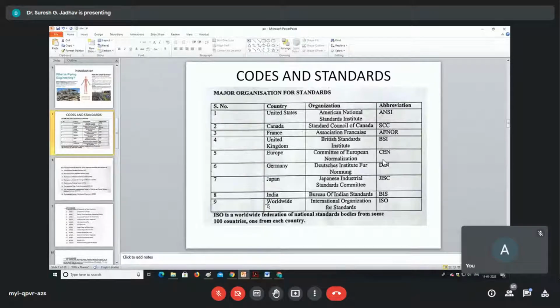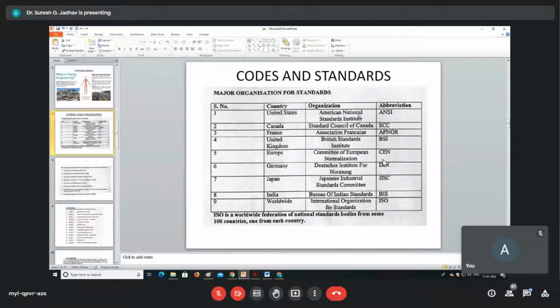Piping codes and standards come from standard organizations such as ANSI, which stands for the American National Standards Institute. It was developed in the United States.